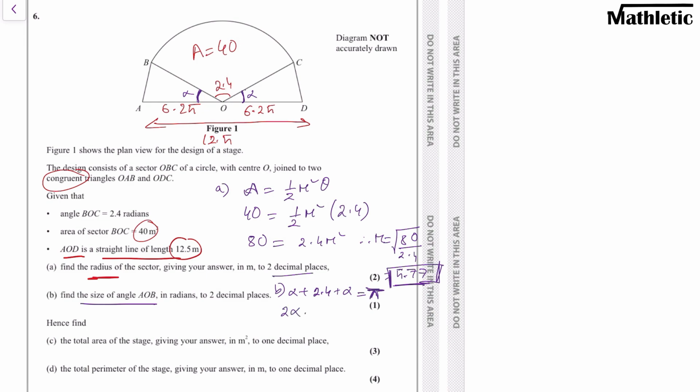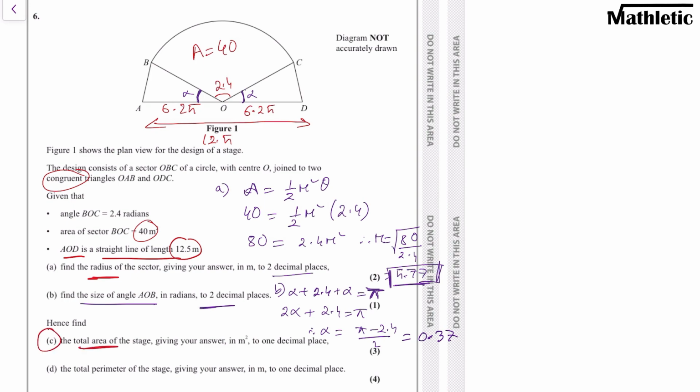So you get 2 alpha plus 2.4. So from here you get pi minus 2.4 divided by 2, which is 0.371, but I need to write the answer in 2 decimal places, so 0.37. So I'm done with part A and part B.